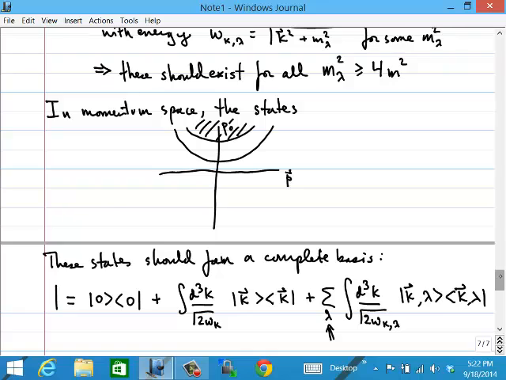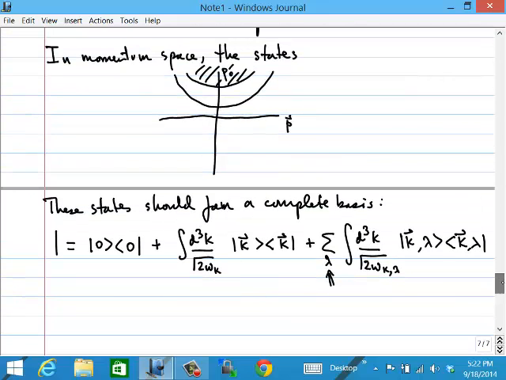So the first question that we want to ask then is, how do these states contribute to observables?